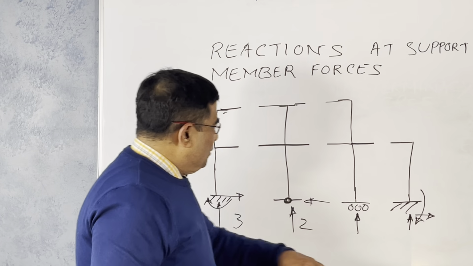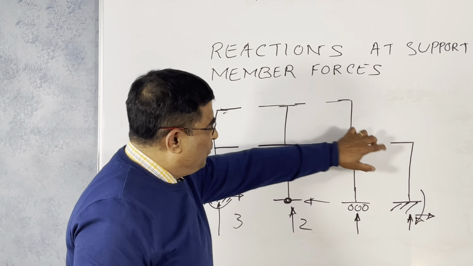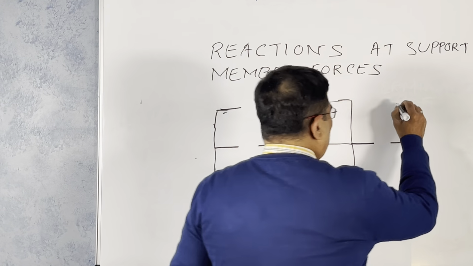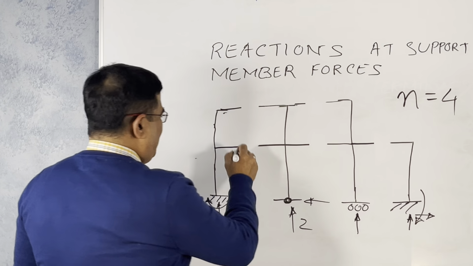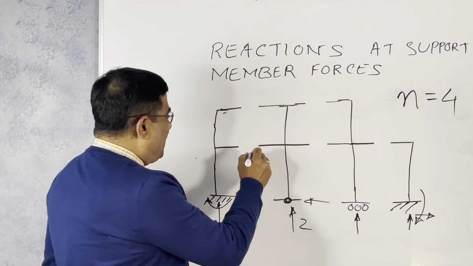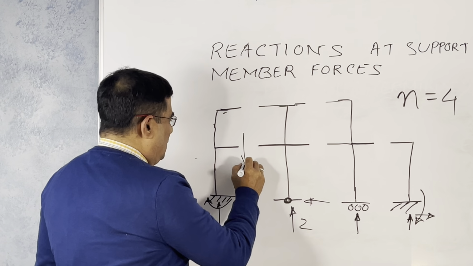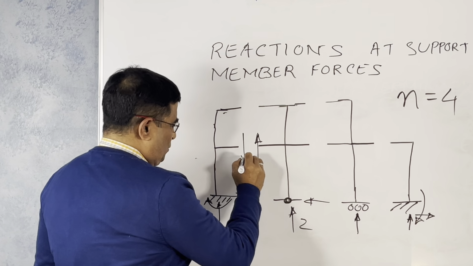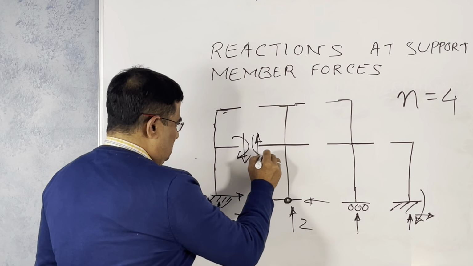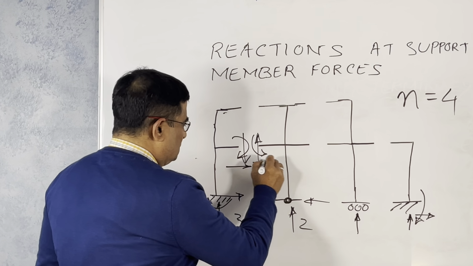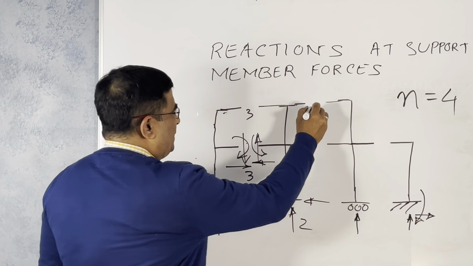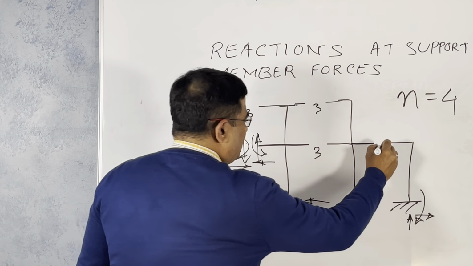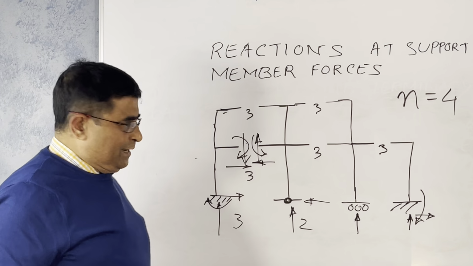So you have 1, 2, 3, 4. Your n equal to 4. And every frame member has got 3 unknowns. One, two, 3. Here 3, here 3, here 3, here 3. Got it?